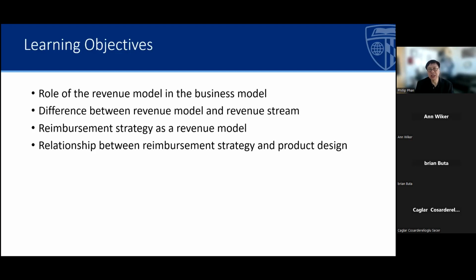And then ultimately, whether your invention or your project is going to make money or not on a commercial basis will depend on how you think about your revenue model and the revenue streams that are supporting the model.